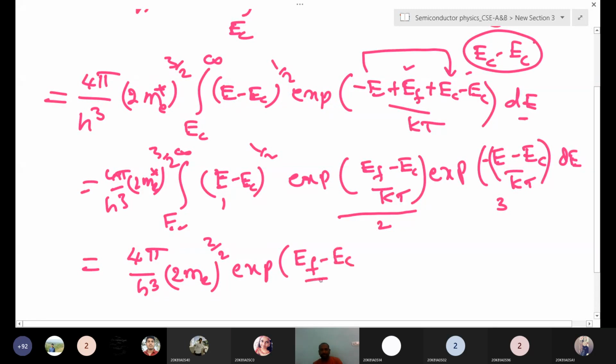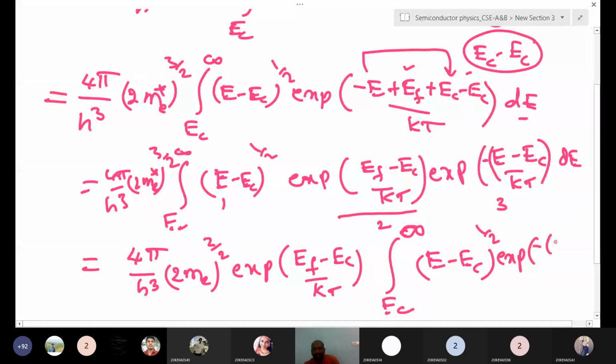Integral from E_C to infinity of (E minus E_C)^(1/2) exponential of minus (E minus E_C)/kT dE, right? So this is our final expression. If you know the direct formula, you can write it.